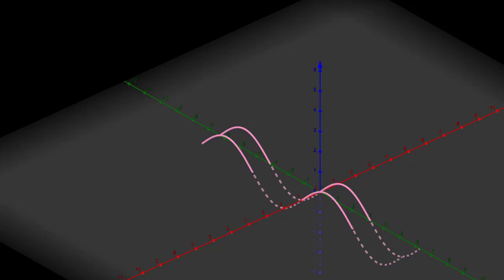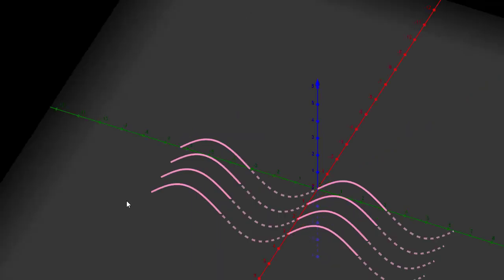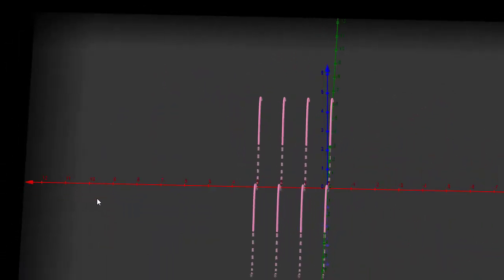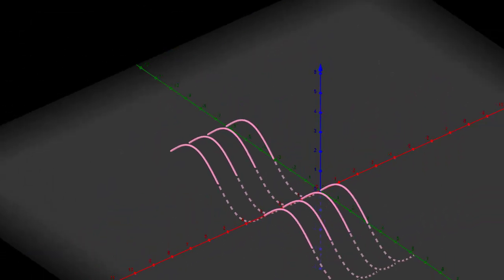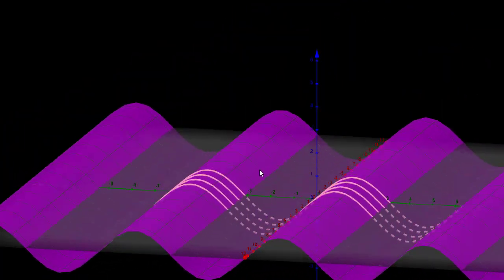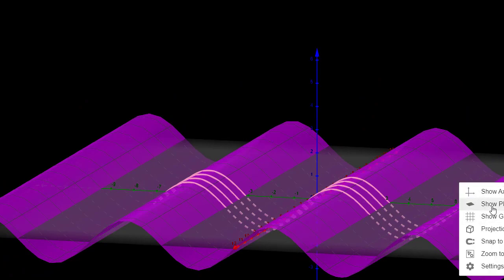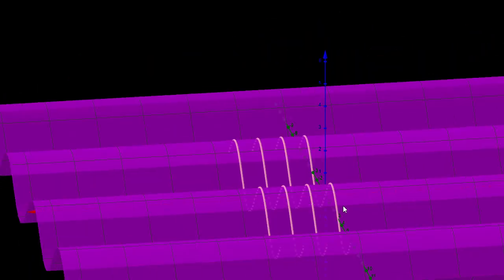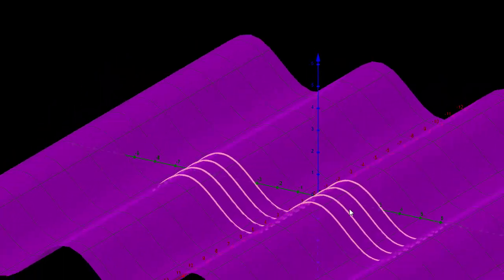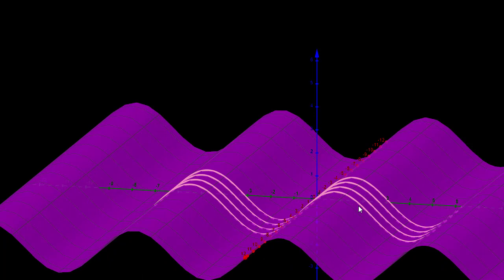And then when x is equal to 1, and you can see where it intersects here when x is equal to 1, x is equal to 2, x is equal to 3, and you can kind of get a sense of what's happening here. And when we fill this in, we get this. And let me see if I can hide the plane. There we go. Okay, we get basically a sheet of paper.